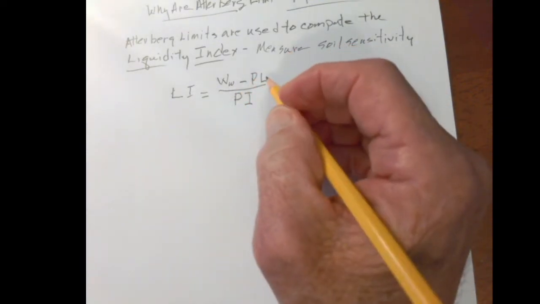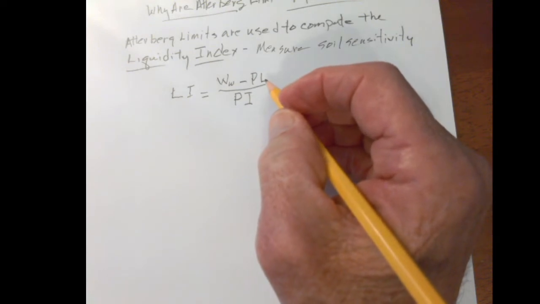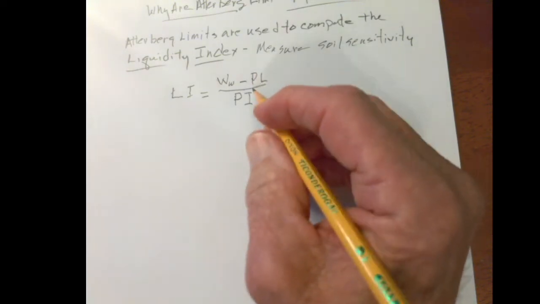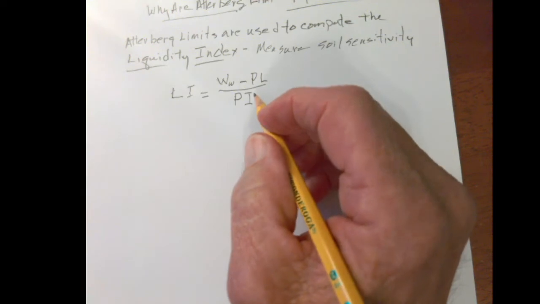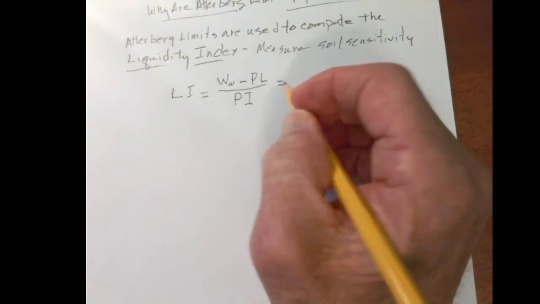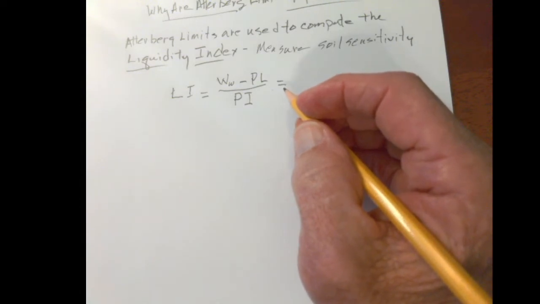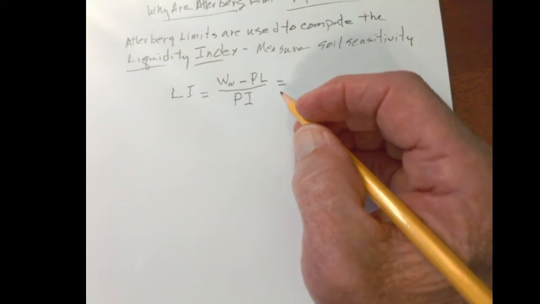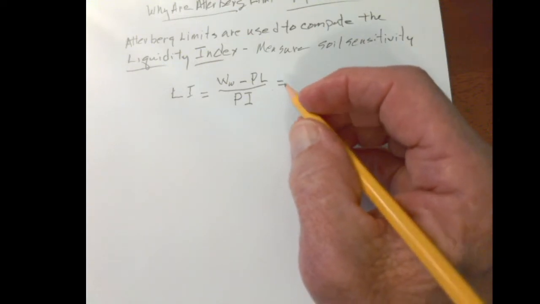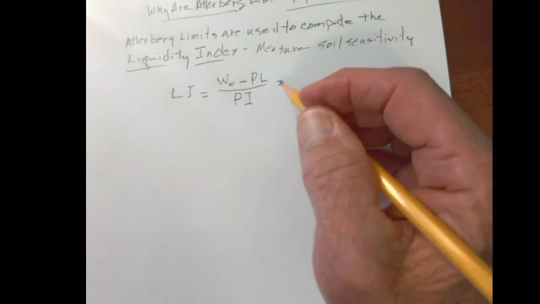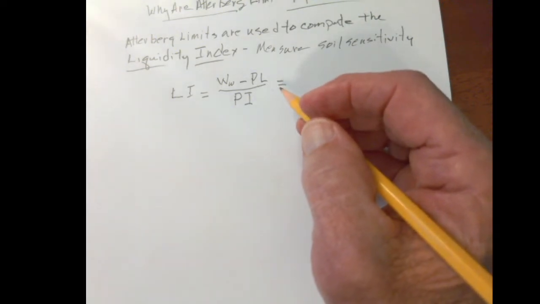And that gives you, well, it's kind of like the sensitivity: is it hard, soft, the shear strength, and things like that. In other words, will it stand up to compression?